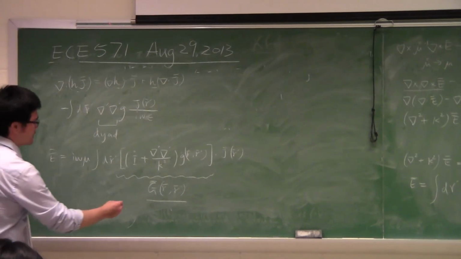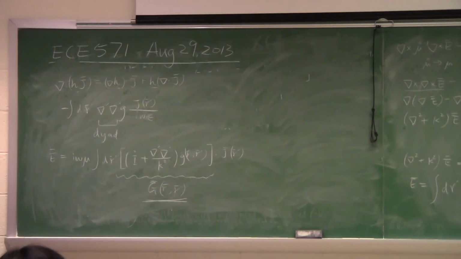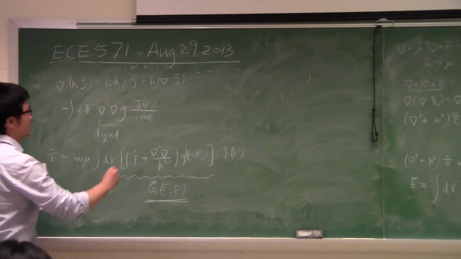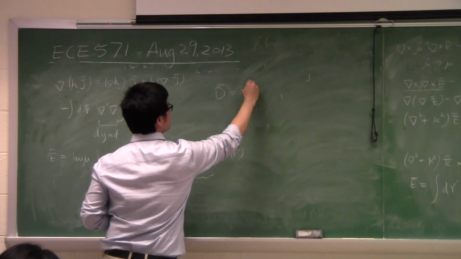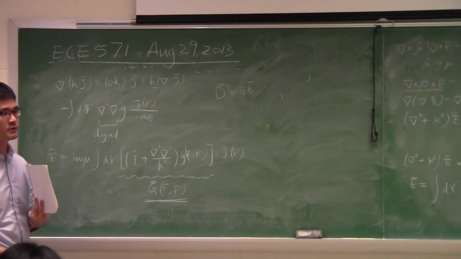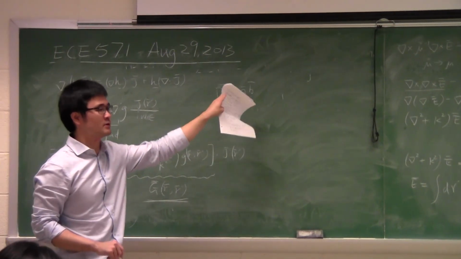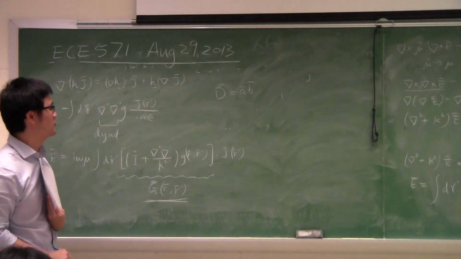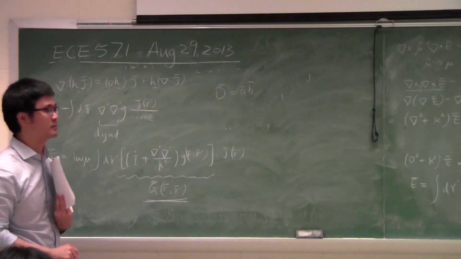But some people may argue that we shouldn't call this a dyad, because a dyad can be written as a tensor, but a tensor is not necessarily a dyad. The reason is that a dyad should be two vectors put together. You can also call it an outer product. So imagine a column vector multiplied by a row vector. But not all tensors can be written in this form.